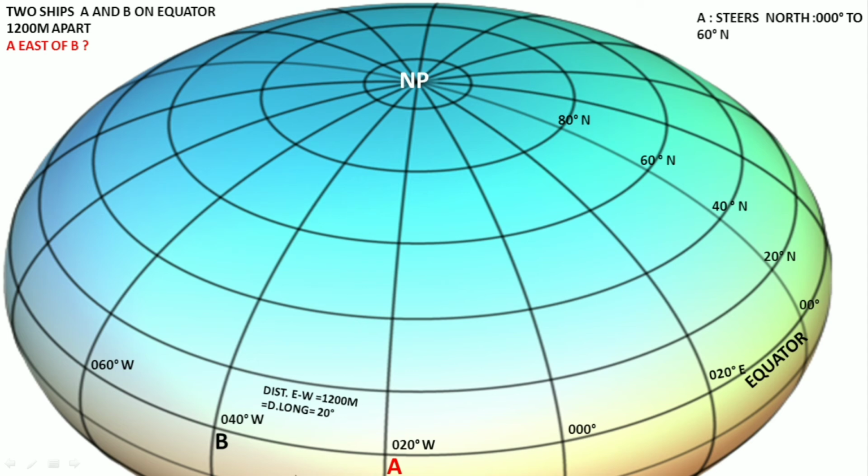Now A is steering north and comes to the latitude of 60 degrees north. When she is steering north, she has gone on the same longitude. There is no change of longitude.